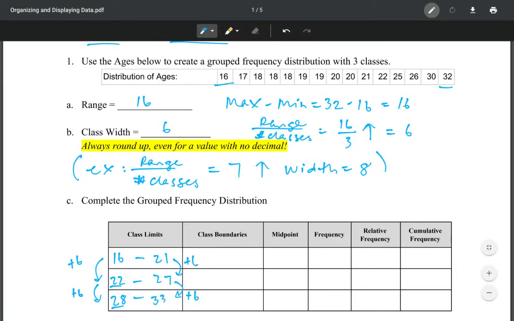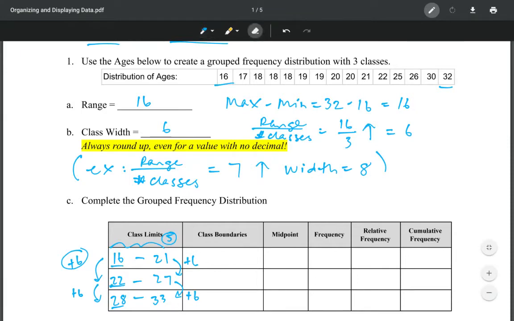You'll notice that the class width does not show up between the lower limit and the upper limit. This difference is 5, but my class width is 6. So for the limits, the class width shows up going from lower limit to lower limit.